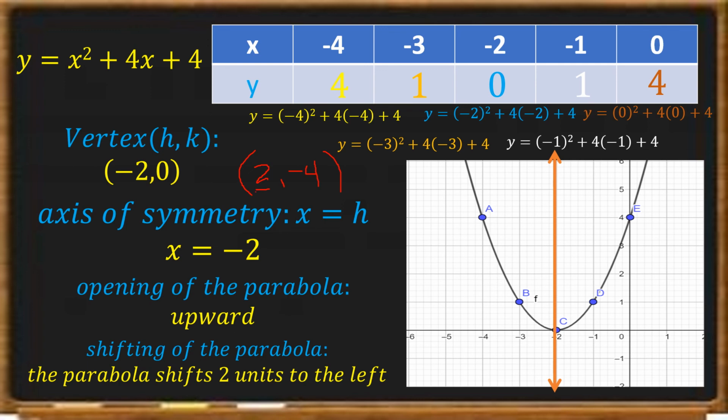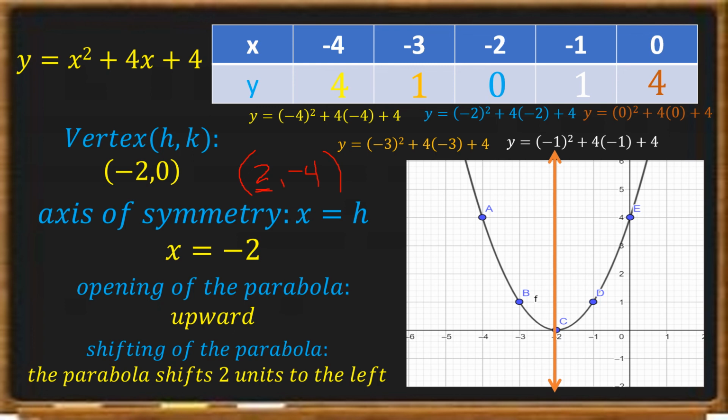So, ito, 2 units siya. The parabola shifts 2 units to the right kasi positive. And 4 units downward. So, dalawa ang shifting niya. Nag-move na siya 2 units papuntang kanan, bumaba pa siya 4 units downward naman.